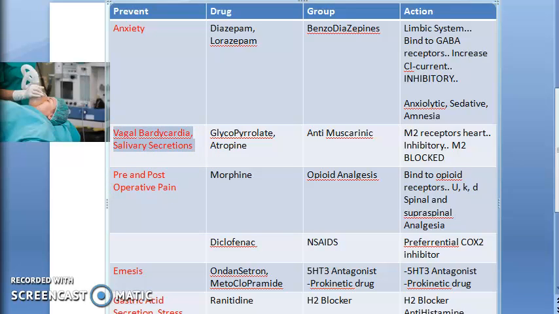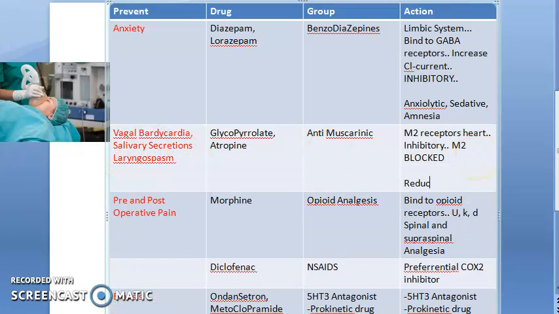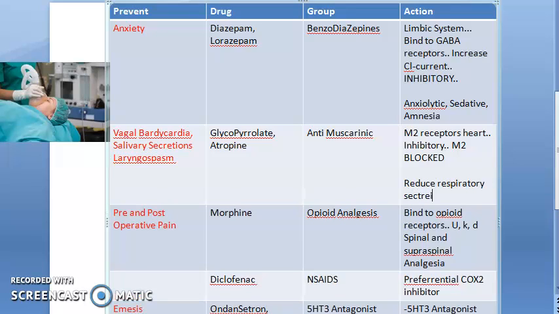Do you want us to read any data? So they also prevent laryngospasm. Laryngospasm is prevented by reducing respiratory secretions. Okay. So glycopyrrolate is preferred because it is more potent.